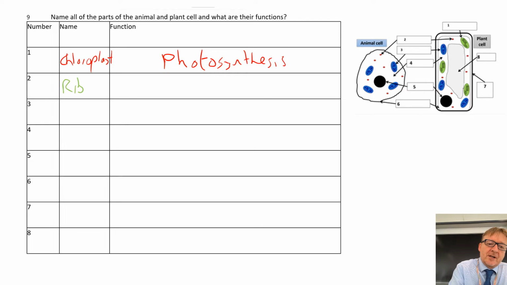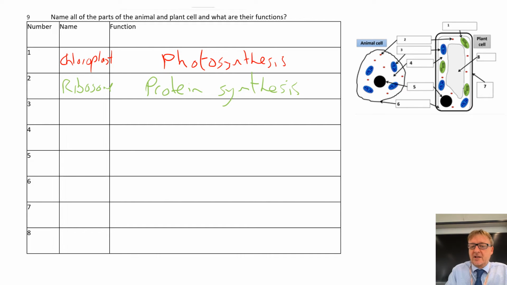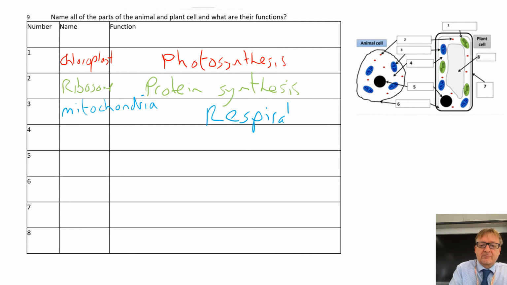I'm going to call it a ribosome, and that is the site of protein synthesis, not make, protein synthesis. Number 3 is mitochondria, which is the site of respiration.